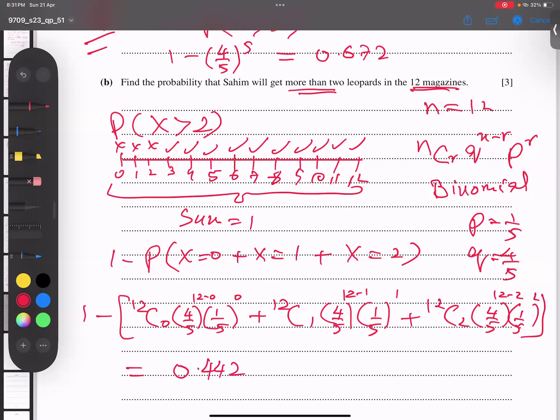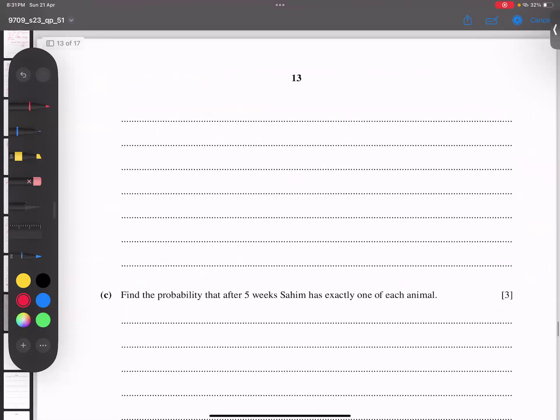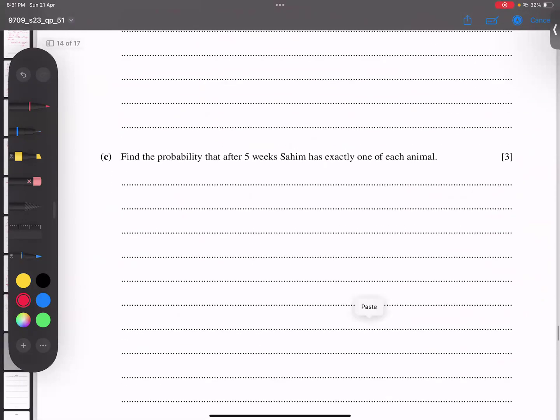And let's go for the last part and last question. Find the probability after 5 weeks Sahim has exactly 1 of each animal. So let's think about it, how we can do this kind of concept.